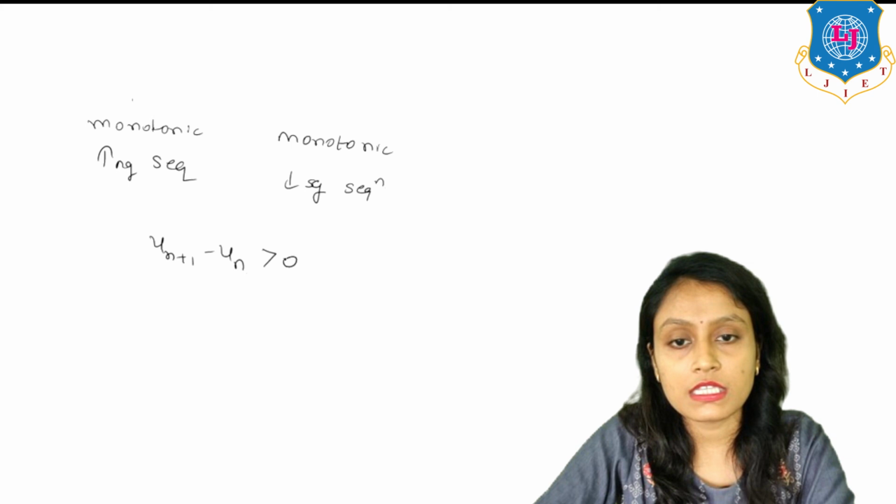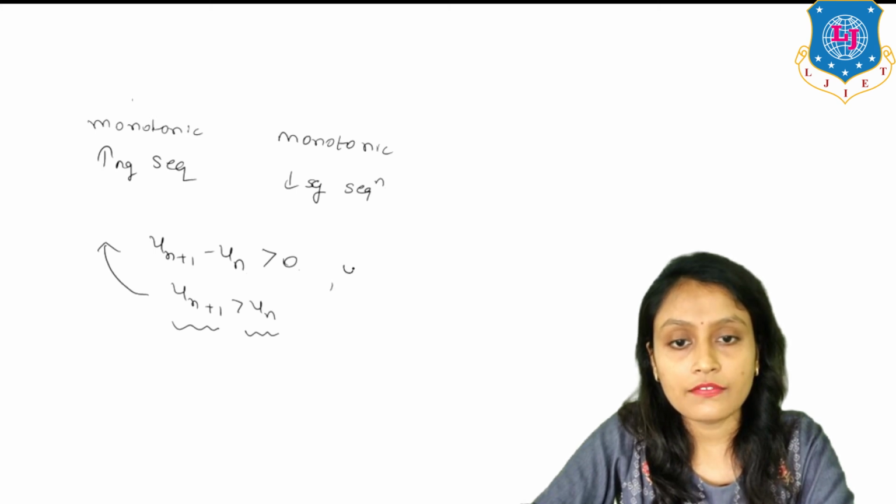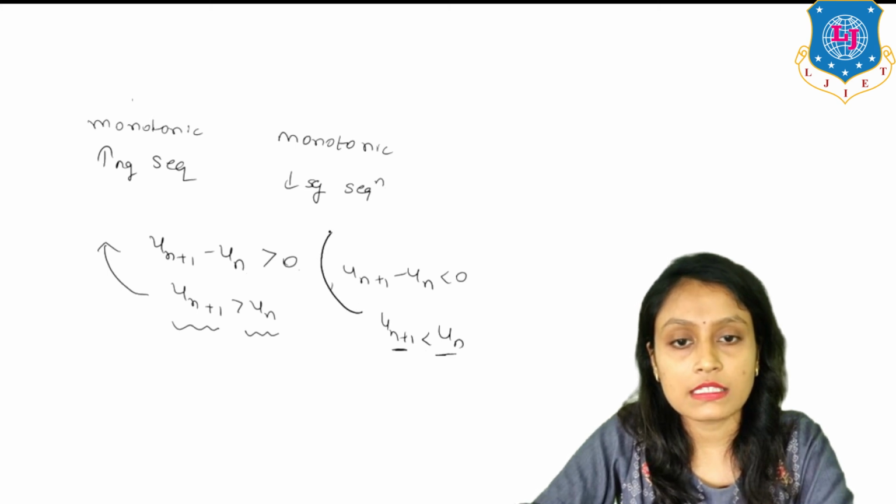If this is greater than 0, that is un plus 1 is greater than un, meaning the n plus 1th term is greater than the nth term, therefore we can say that the sequence is an increasing sequence. And if un plus 1 minus un is less than 0, that is the n plus 1th term is less than the nth term, so we can say that this sequence is a decreasing sequence.